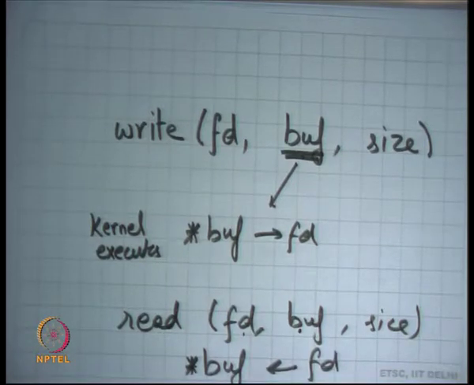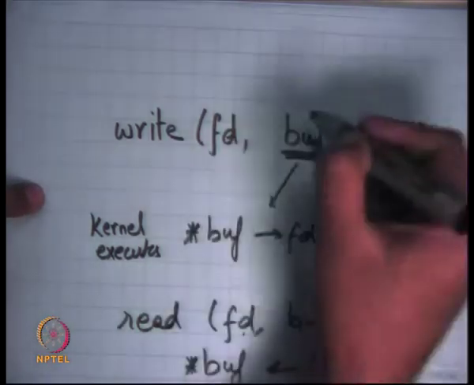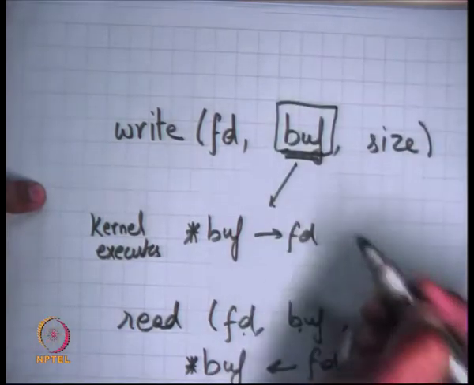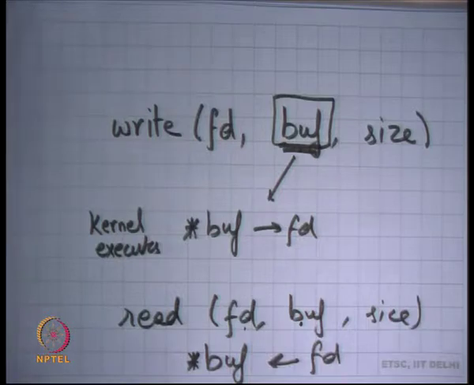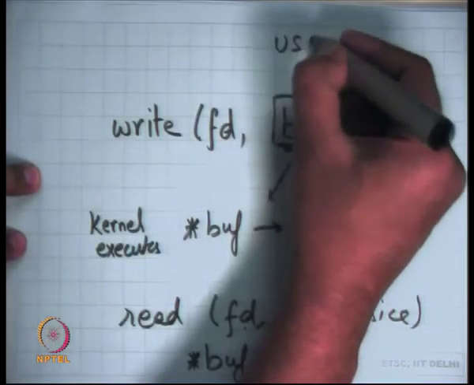And so the user can ask the kernel to change this memory location to something else, and do whatever he likes for that matter. Okay. So this is a security flaw, right? So this buff or any other pointer that's passed as an argument to a system call by the semantics is called a user pointer.